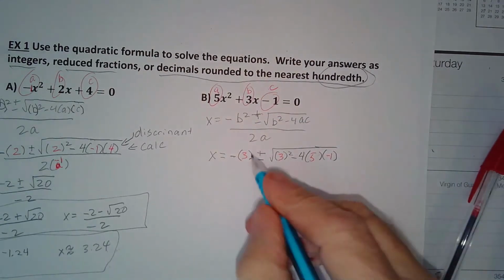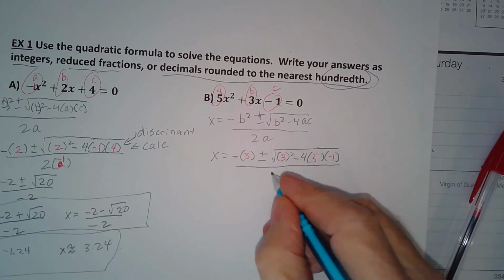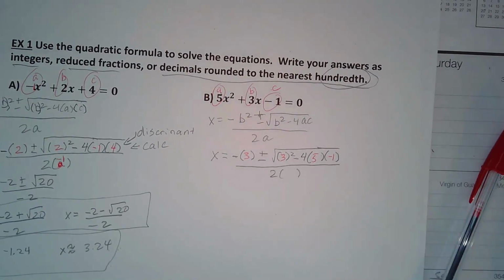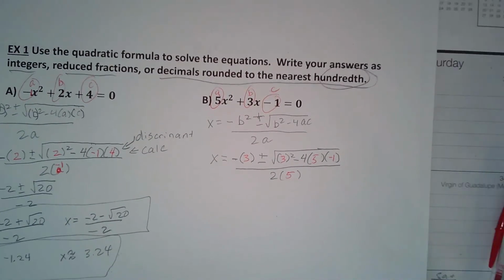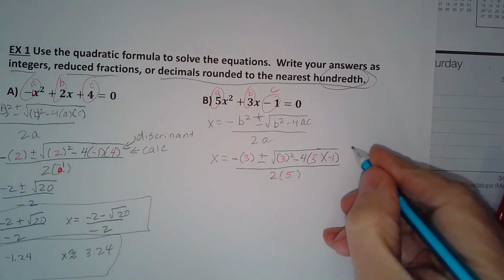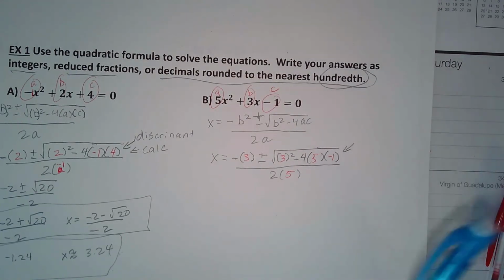All divided by 2 times whatever a is, and a is 5. Okay, do the discriminant again. Use the calculator.